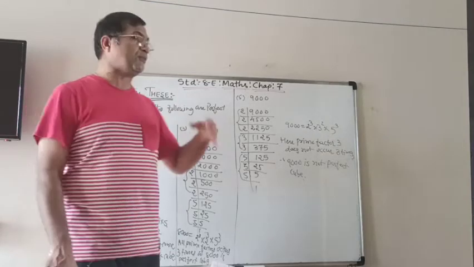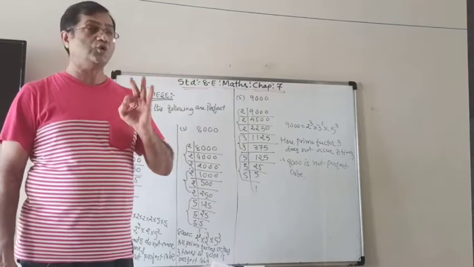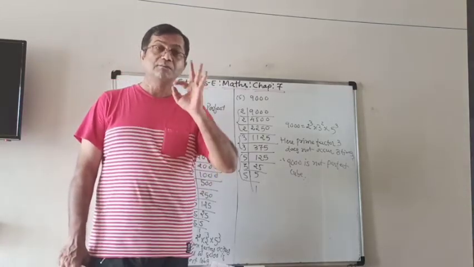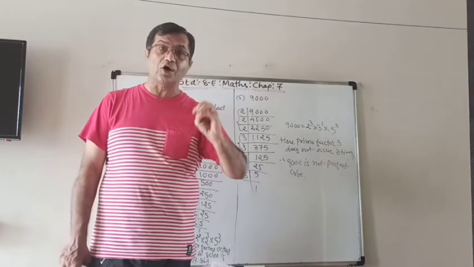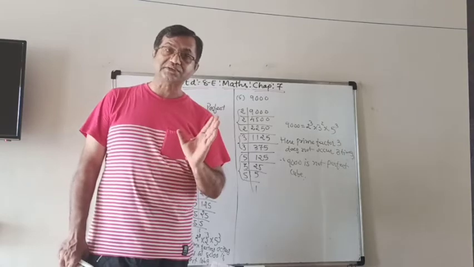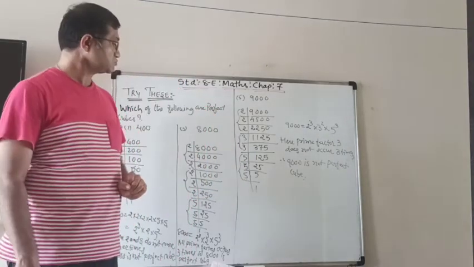So if you want to check whether it is a perfect cube or not, what do we have to do? We have to make the prime factorization of the given number, and then check whether they are in triplets or not.